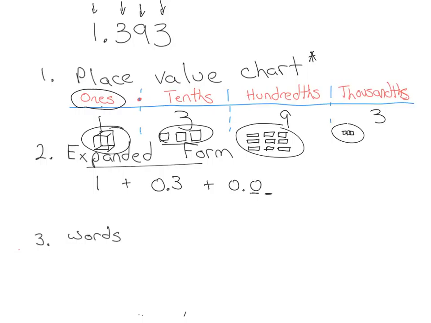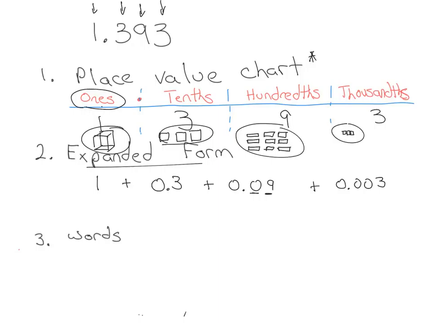The second value is the hundredths, so we'll put a 9 in. So that's how we'd write 9 hundredths. And then the last thing we're going to do is write 3 thousandths. Remember the ones place, tenths place, hundredths place, and we have 3 thousandths. So this is how we can write this in expanded form.